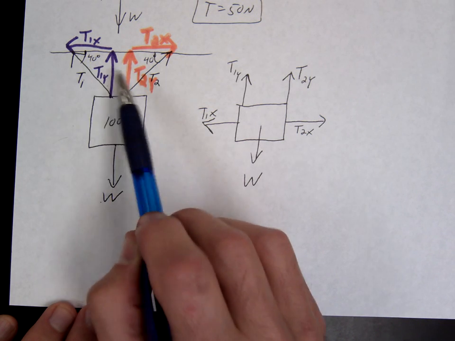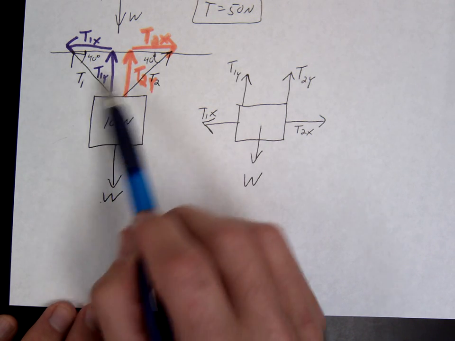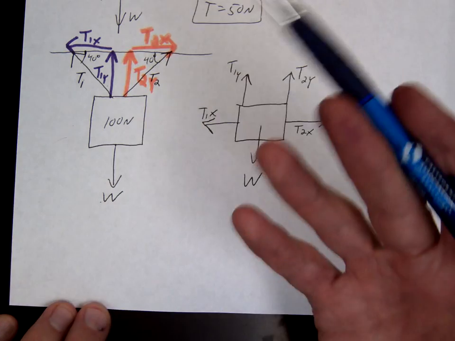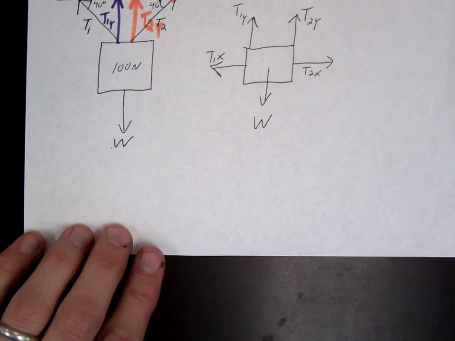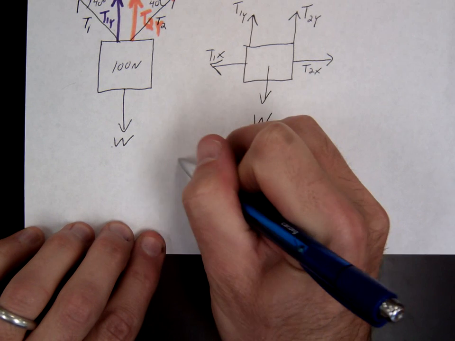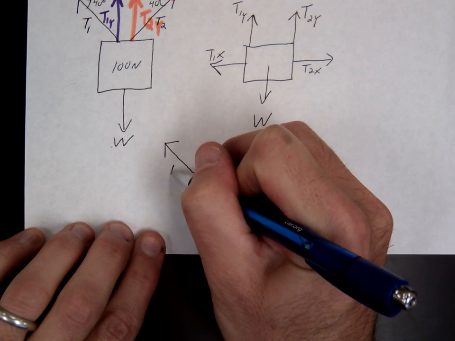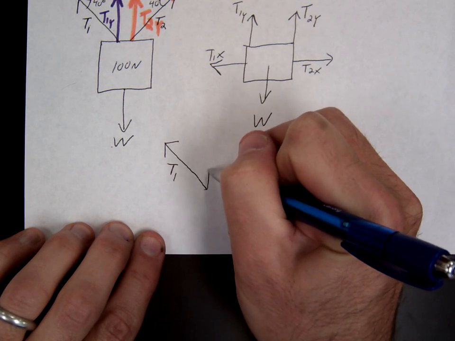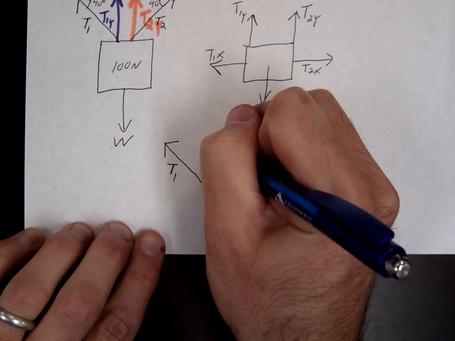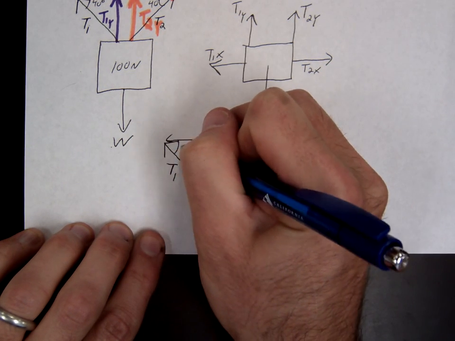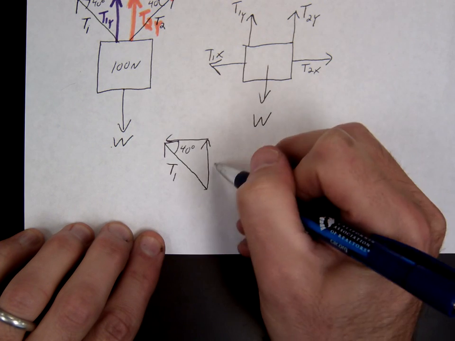So we're going to do that same concept, but we're just going to use variables instead of numbers. So for example, I'm going to draw this. That's getting messy. Let's do this one here. So this is T1. This was 40.